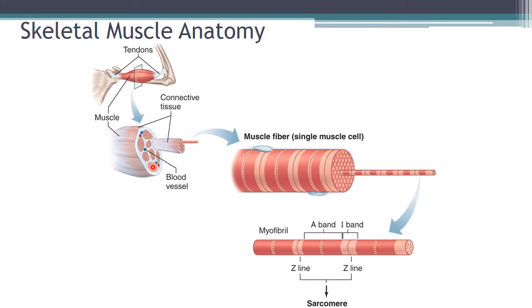Fascicles in muscles can be arranged in different ways to produce muscles with different strengths and different weaknesses. The entire muscle itself is surrounded by a connective tissue layer around the outside called the epimysium. Each one of these fascicles inside the muscle is surrounded by its own layer of connective tissue called the perimysium.